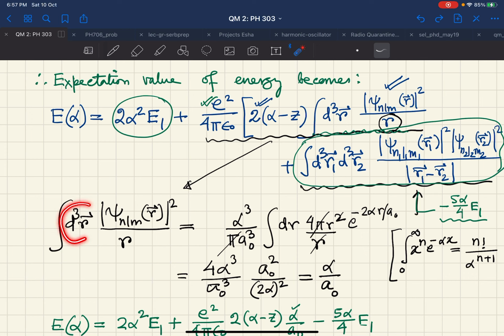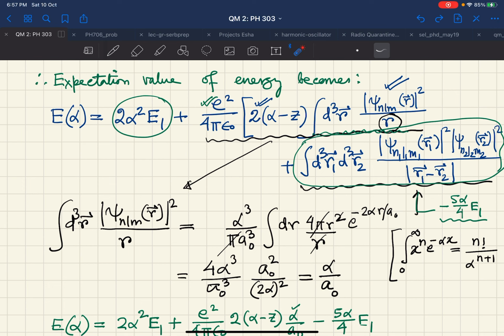And in d3r, there is no angular dependence in psi NLM, therefore it will be just 4 pi r squared dr. So 4 pi r squared dr divided by r times e to the minus 2 alpha r by a0, and this is the normalization part. We have to use this standard integral because the integration is from 0 to infinity. Using this, we will get the contribution of alpha by a0.